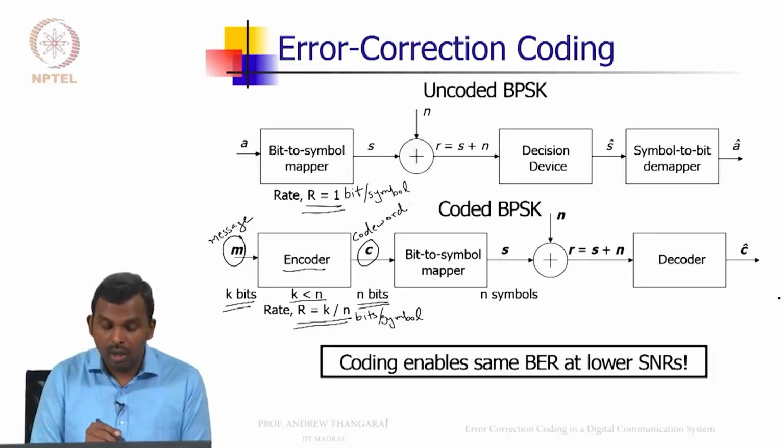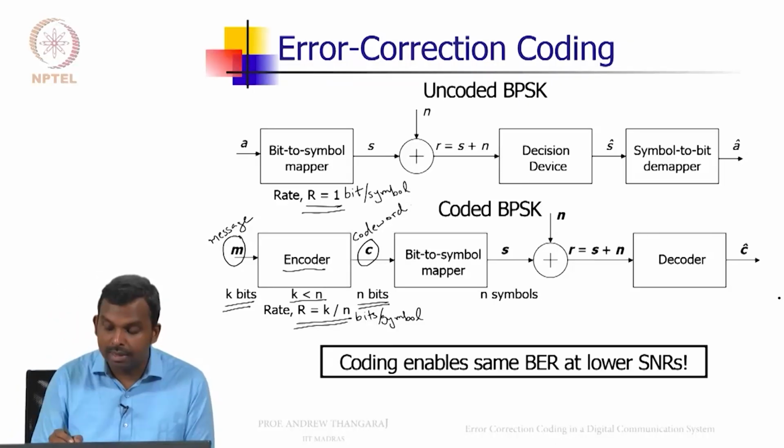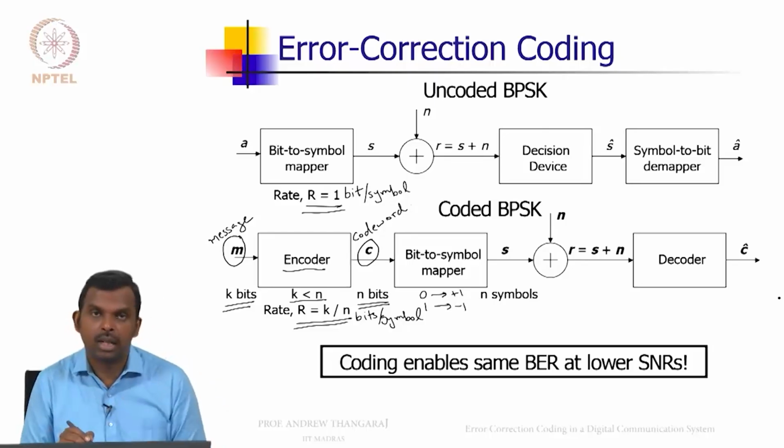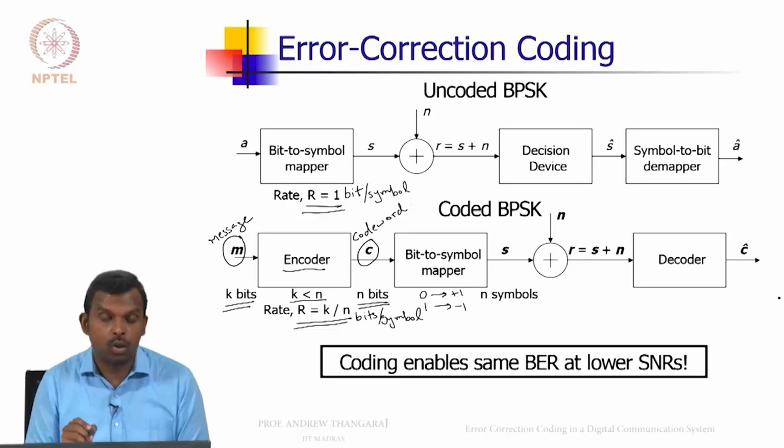Once you convert it into a code word, what happens after that is similar to the uncoded BPSK case. You do a bit to symbol mapper, and you get n symbols. How does the bit to symbol mapper work? 0 goes to +1, 1 goes to -1. There is nothing different about the bit to symbol mapper from the uncoded BPSK case.